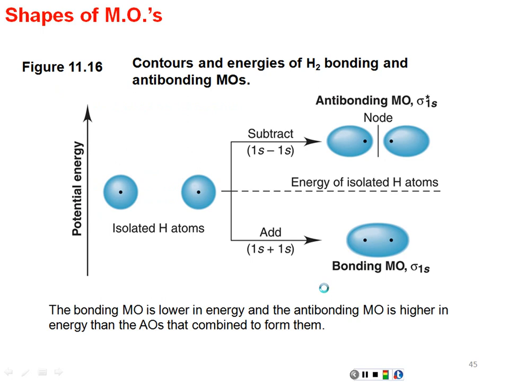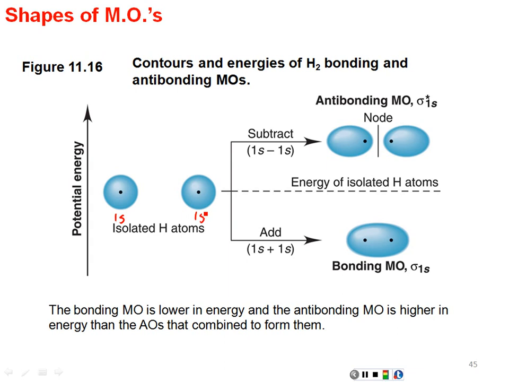And what does a picture of these look like? If we look again at the simplest molecule, we can make H2. Each hydrogen atom starts with a 1s orbital.